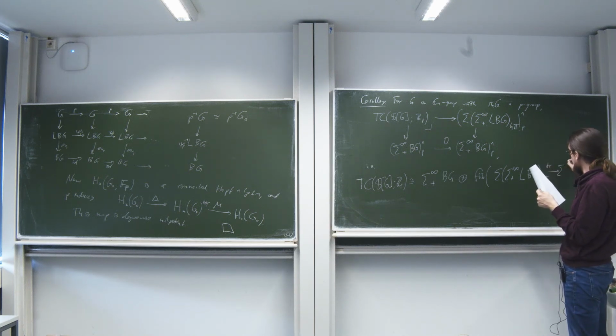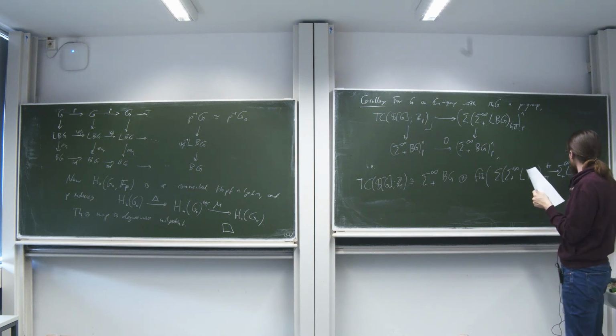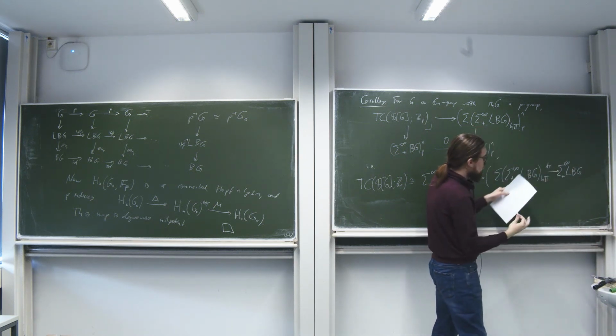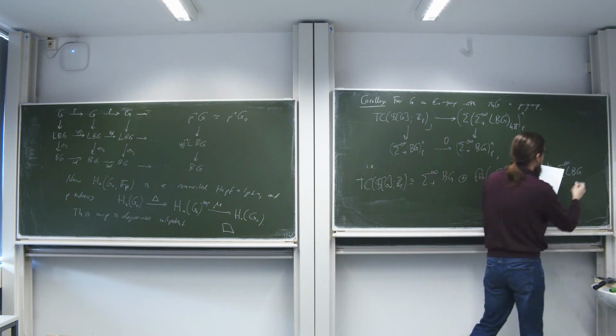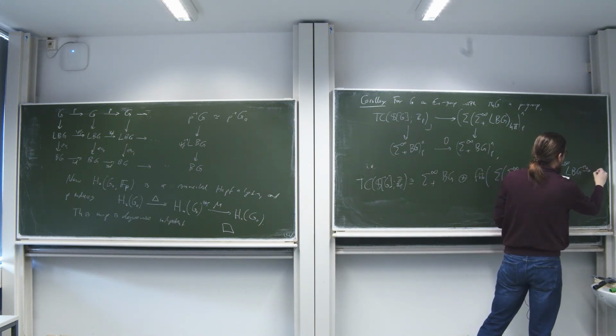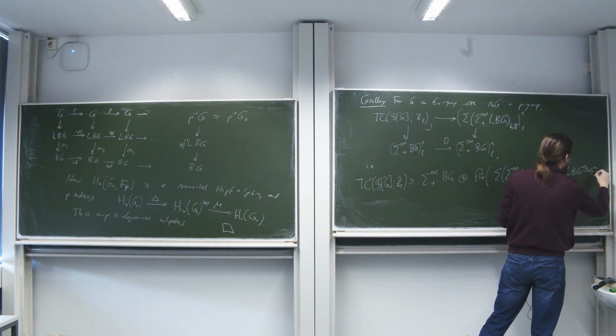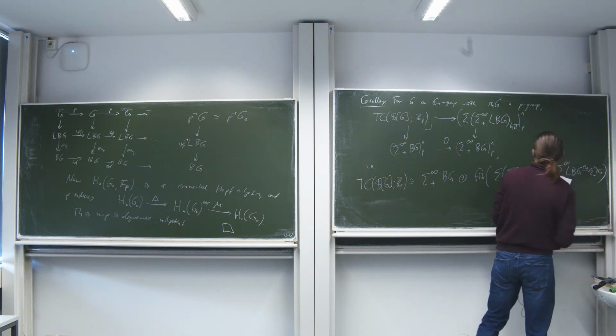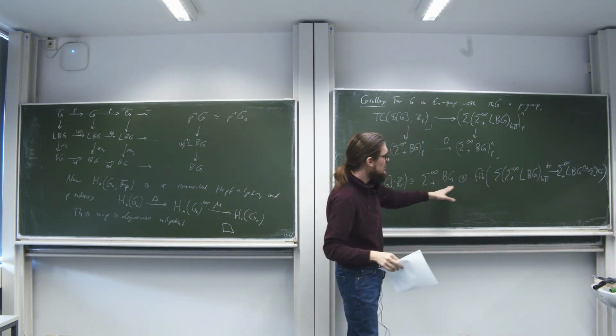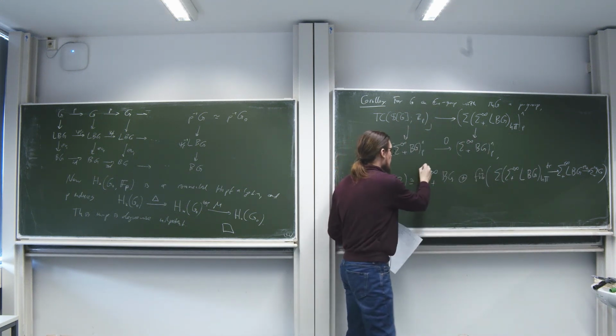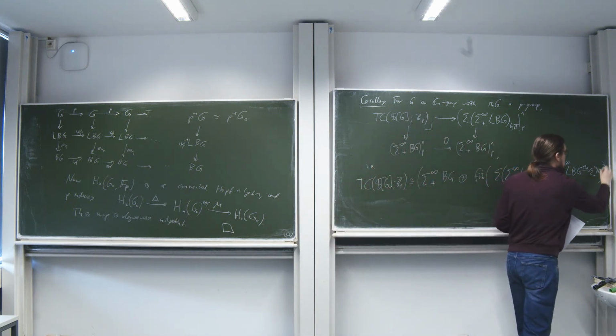So this is first take the transfer to sigma infinity plus LBG, that is norm and then forgetting, and then you take the evaluation at 1 to get to sigma infinity plus BG. So it has this nice sum decomposition, and then I want to P-complete the whole thing.